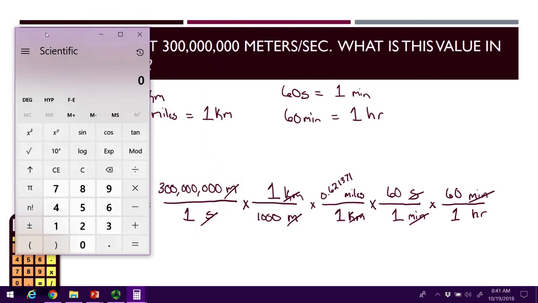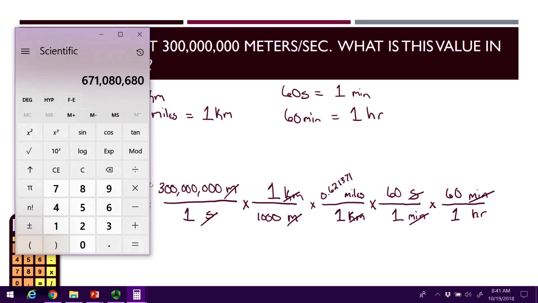Remember, I'm starting with 300 million. Oops, that's 3 billion. 300 million. My first step then is to divide that by 1,000, and then I'm going to multiply by 0.621371, and then I'm going to multiply by 60, and then I'm going to multiply by 60.